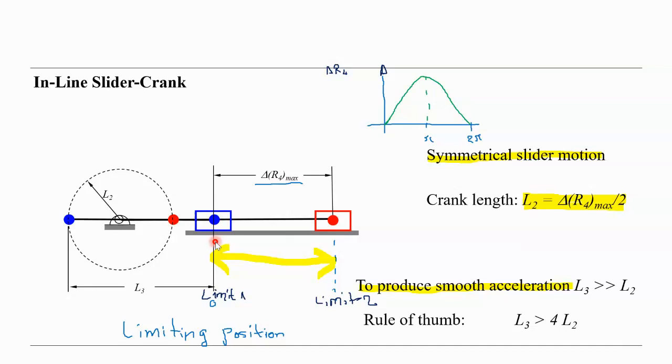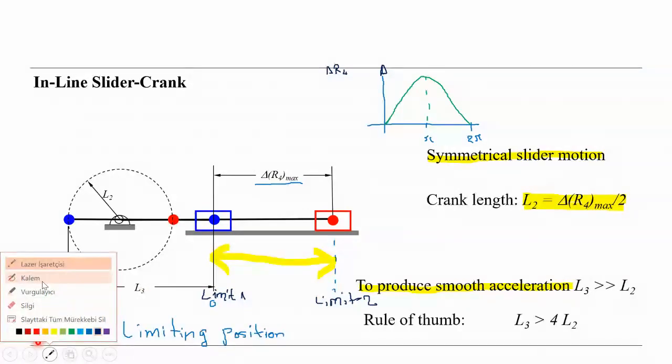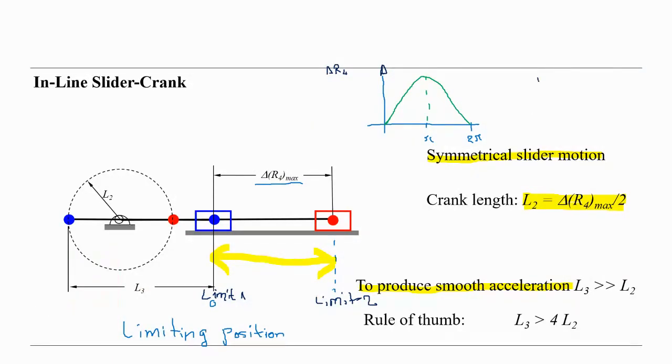So acceleration is a headache in mechanisms. Why? Because if we have acceleration, we have force of inertia, and force of inertia comes from acceleration. Of course, from dynamics, our famous equation: F net equals m times acceleration.